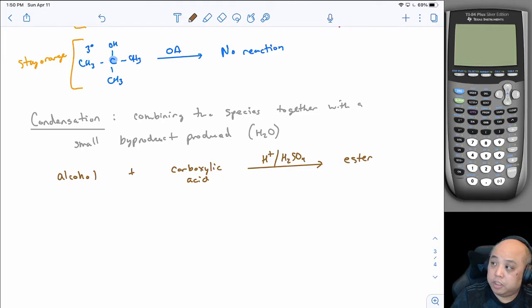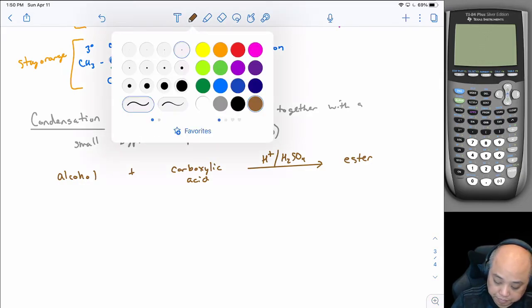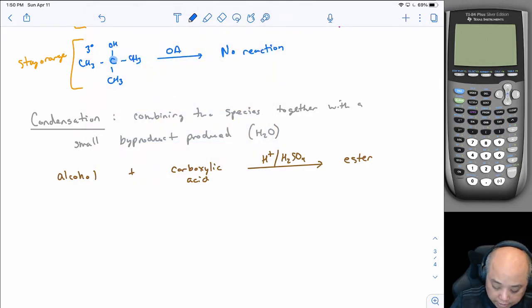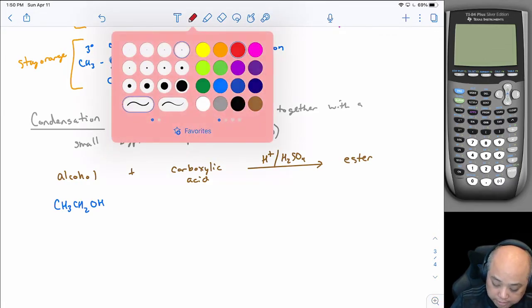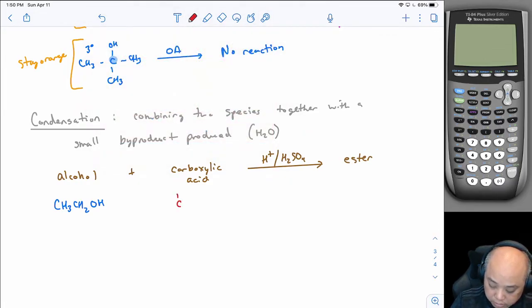Okay. So the alcohol and the carboxylic acid combine together to form an ester. And so you could have an alcohol like this and a carboxylic acid like this.